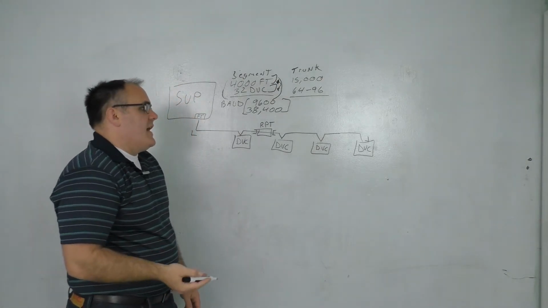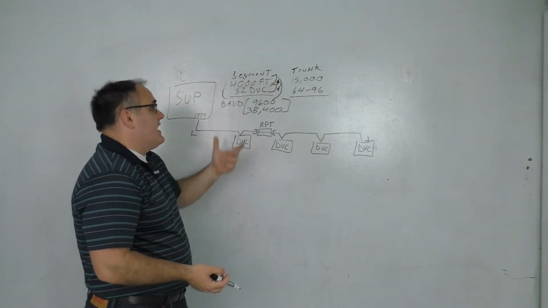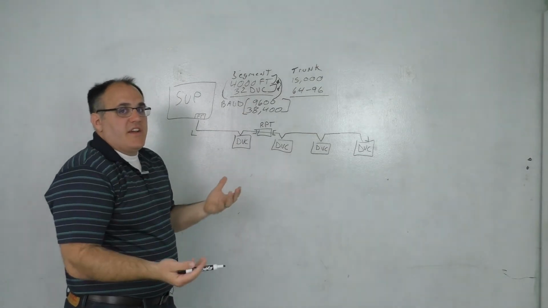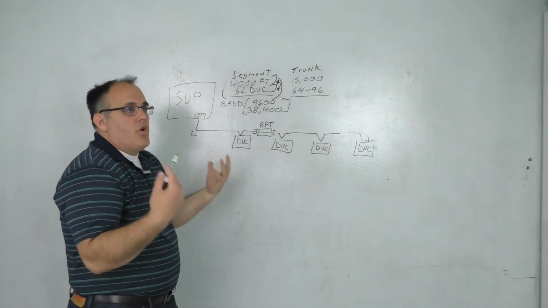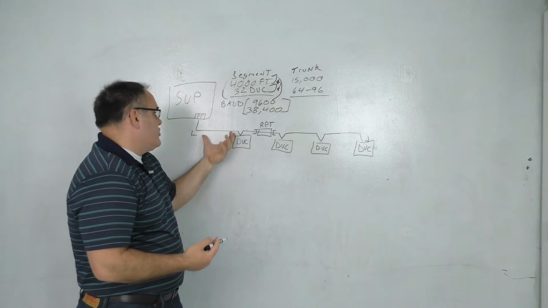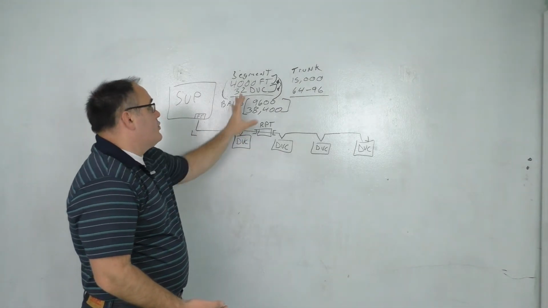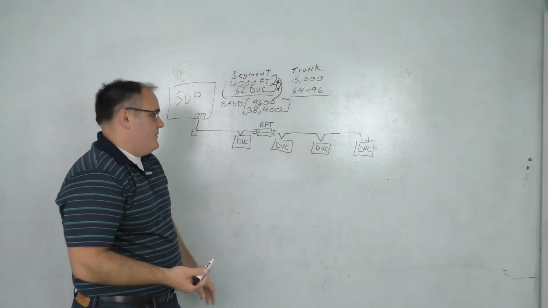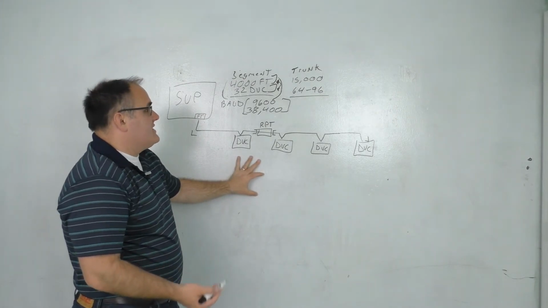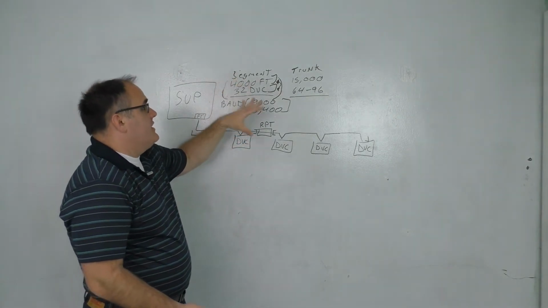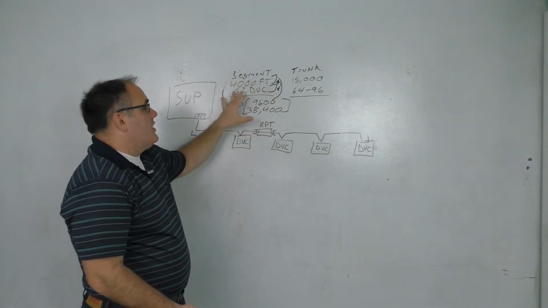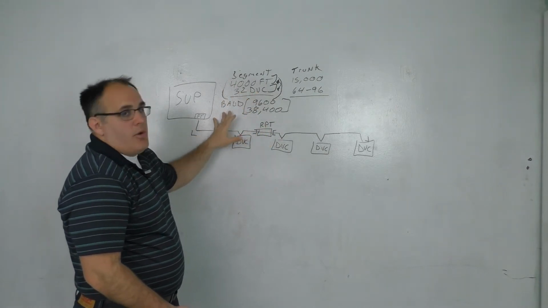The reason is that to communicate at that higher baud rate, the devices are going to use up more of the bandwidth of the trunk, and the signal is going to degrade more, which is going to reduce the length, okay?